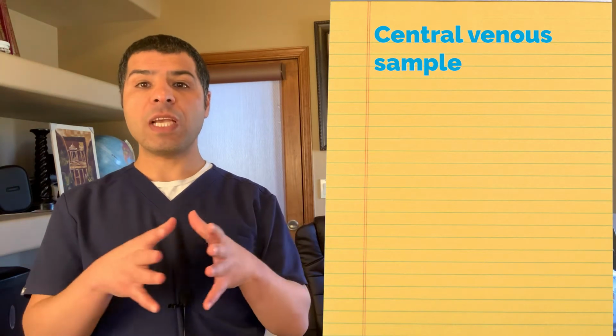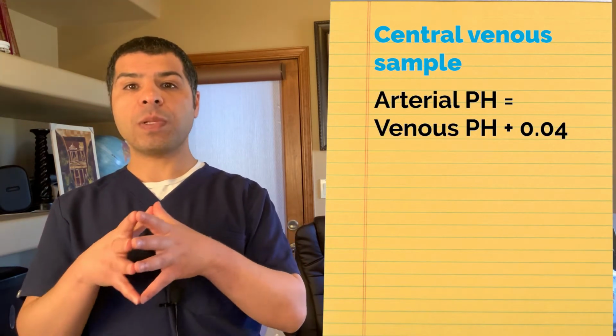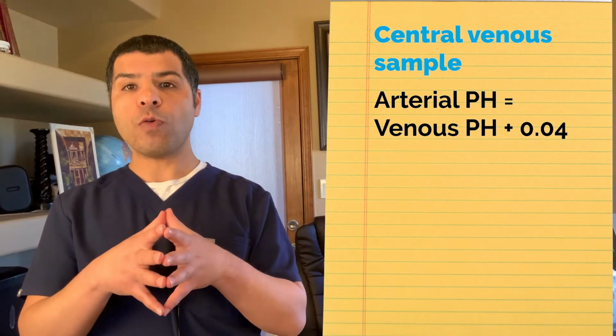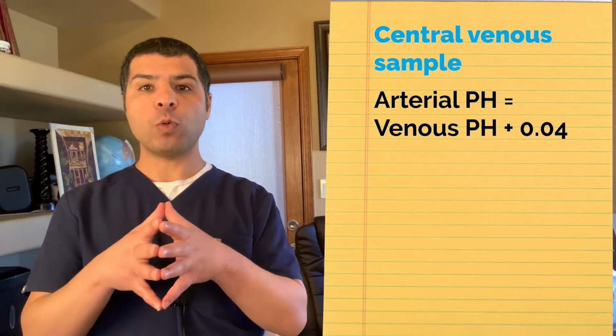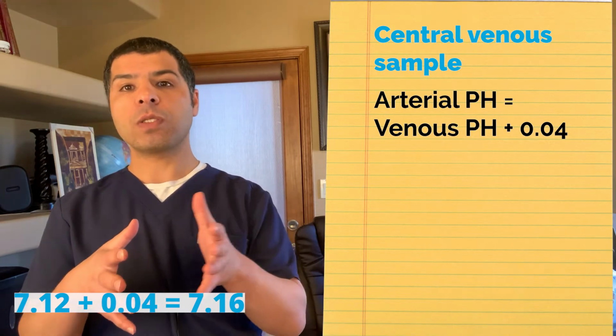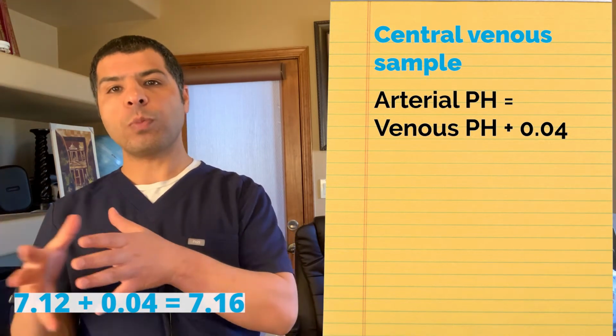Now, how do we correlate the VBG, venous blood gas, to ABG, arterial blood gas? This, of course, depends on where the venous blood sample was obtained from. If the sample is obtained from a central venous catheter, so a central venous sample, we use the following adjustments. Arterial pH is equal to venous pH plus 0.03 to 0.05. I usually use 0.04, so if venous pH is 7.12, then arterial pH should be 7.12 plus 0.04, so 7.16.